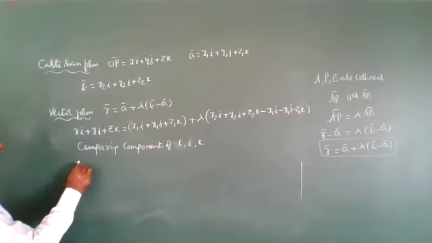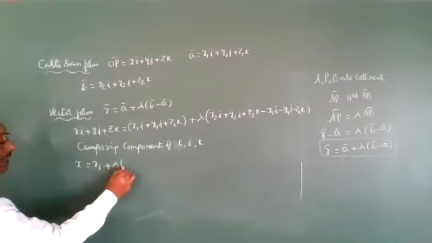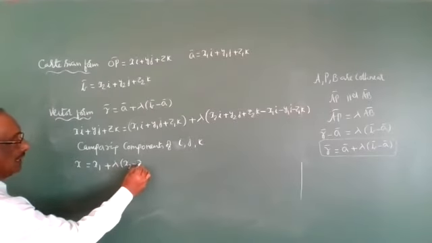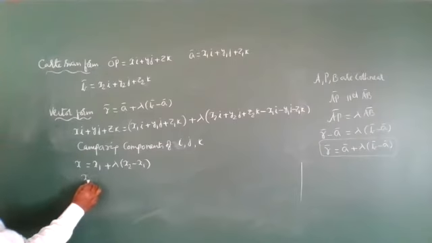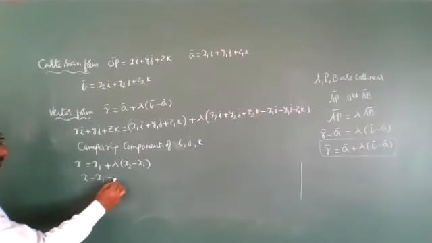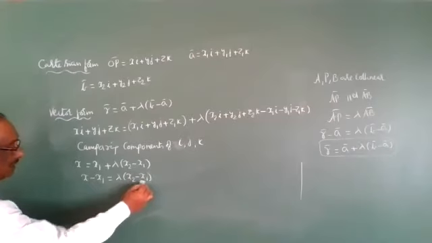So x is equal to x1 plus lambda into (x2 minus x1), so x minus x1 is equal to lambda into (x2 minus x1).